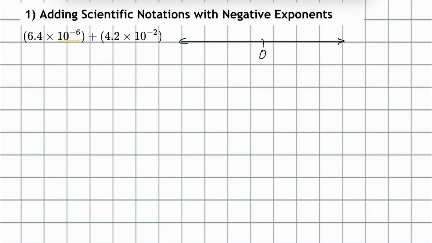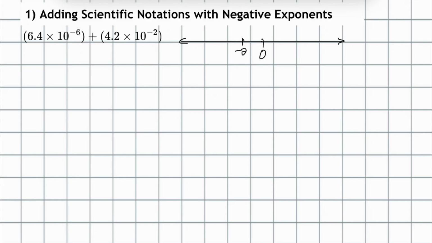So when we think about negative 2, we know that negative 2 is around here. So we move to the left, negative 1, negative 2. Negative 2 is around here, right? That's an assumption or a possibility. So negative 2 is here.